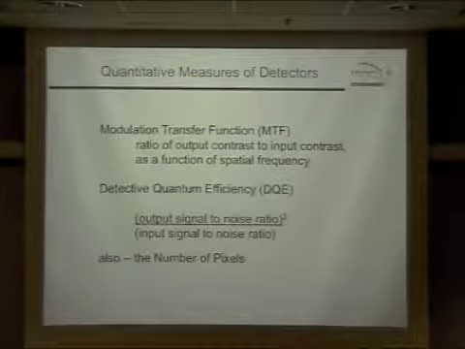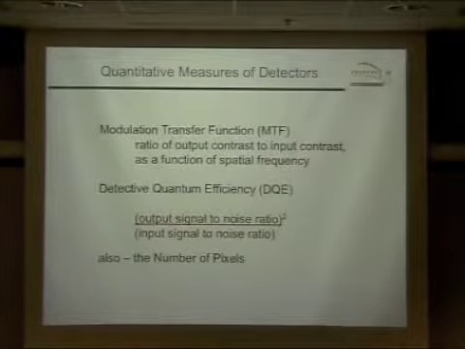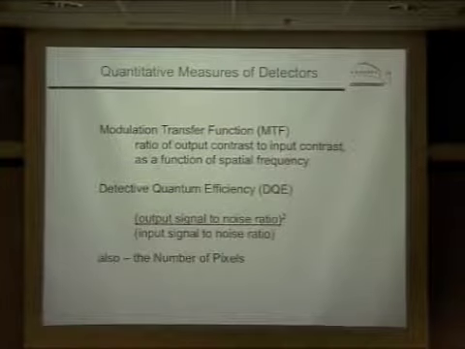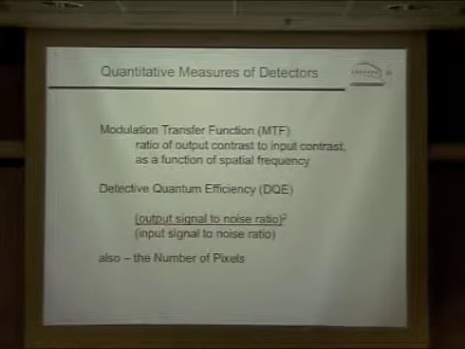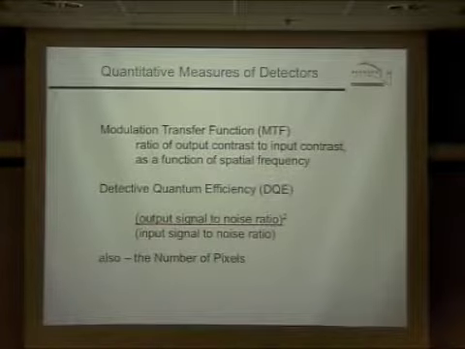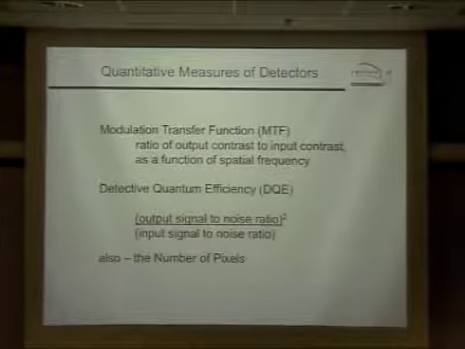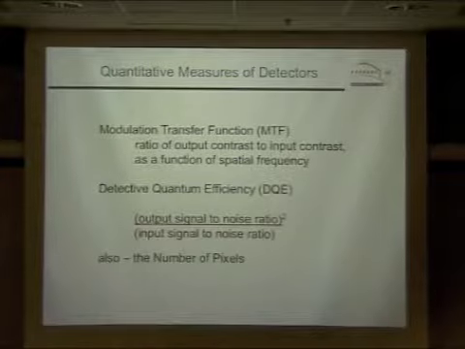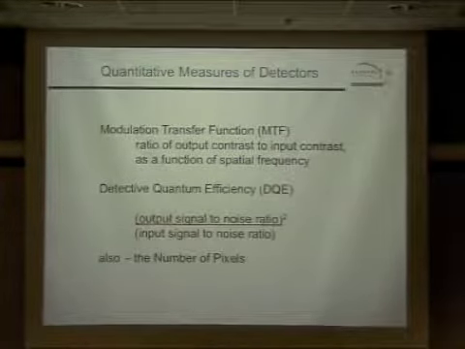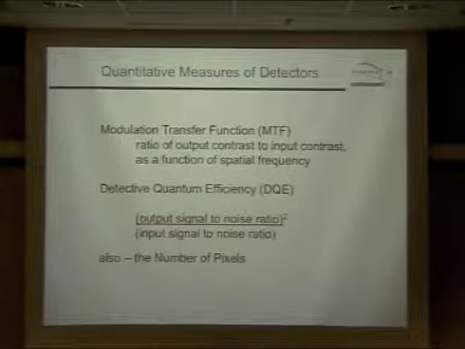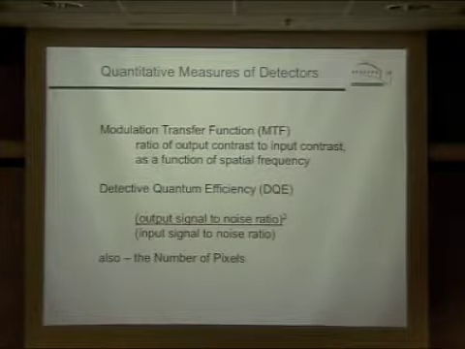The DQE is a little more complicated because it includes the noise level. It doesn't really address the modulation transfer function directly. The definition is that the DQE is equal to the output signal to noise ratio squared divided by the input signal to noise ratio squared.